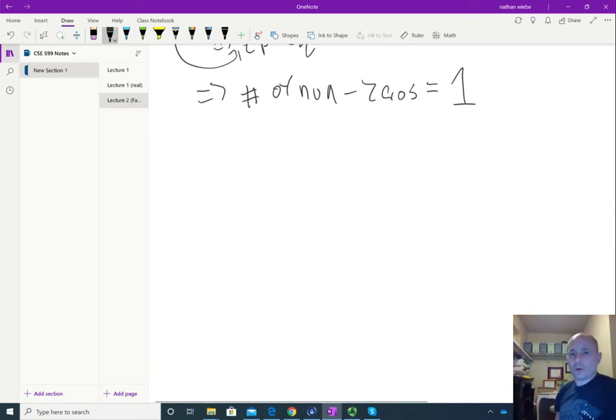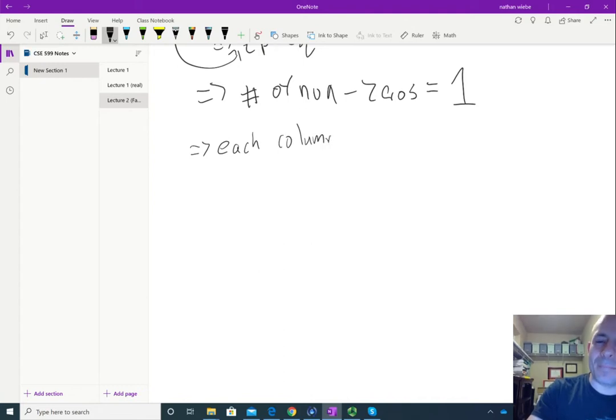Now, we can go forward a little bit more and actually apply the exact same argument to the columns. And this ends up saying that each column has one non-zero matrix element.